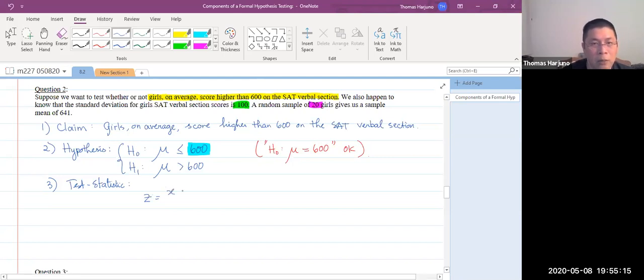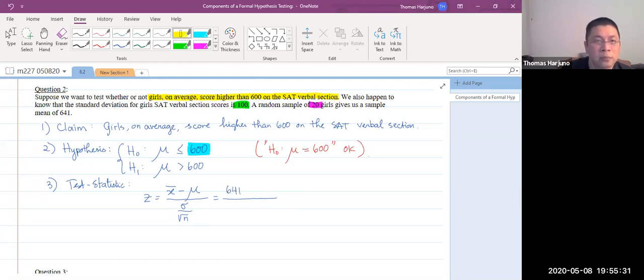X bar minus mu over sigma over square root of n. What is the sample mean? The sample mean is 641. Minus the mu. The mu is 600.